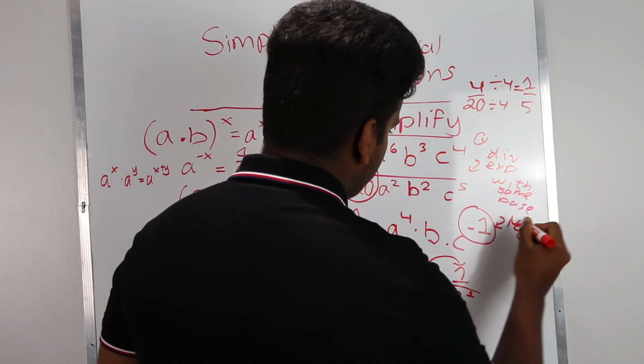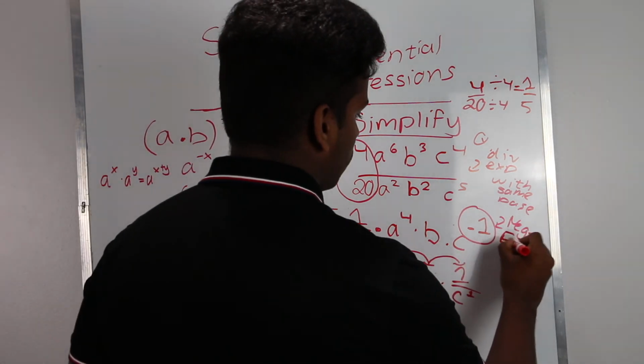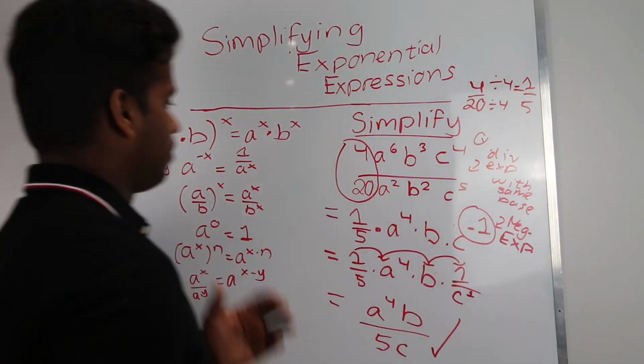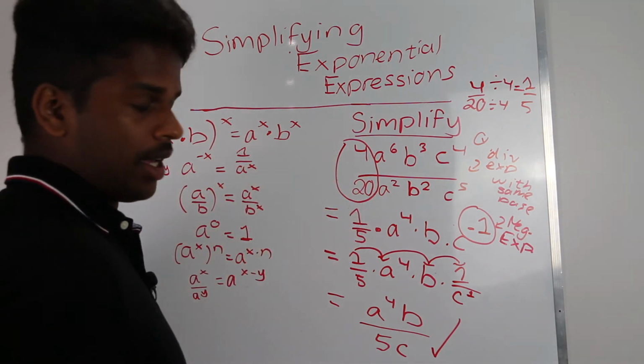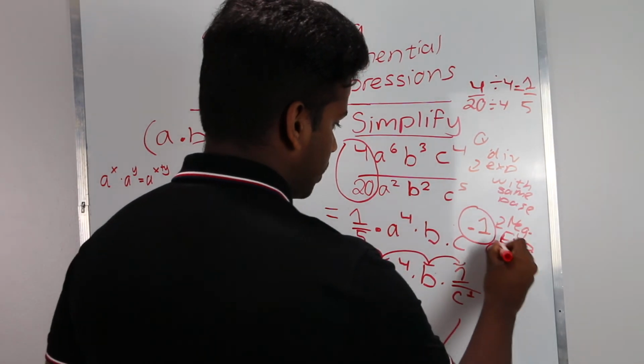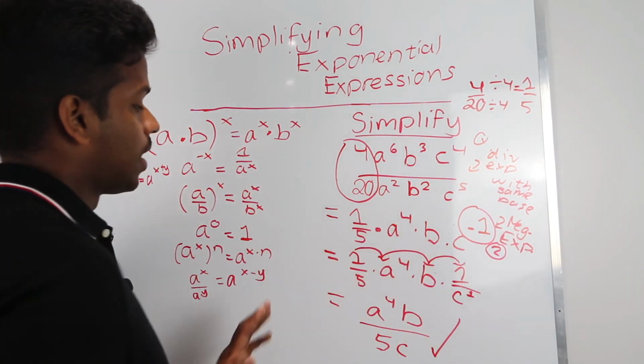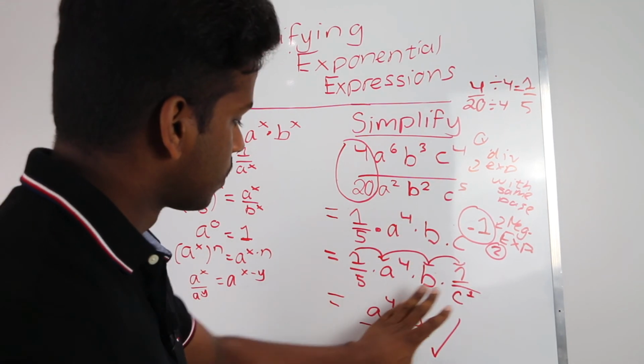We could have left it, but you would lose marks for that. So you have to make sure you use all your laws of exponents to solve these expressions. I realized there's a negative exponent, that's step 2, and then I tackled it and organized everything.